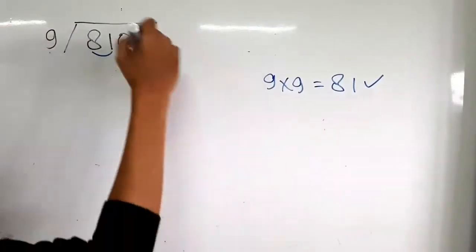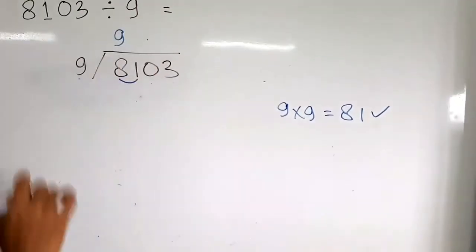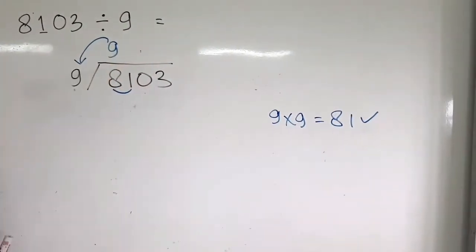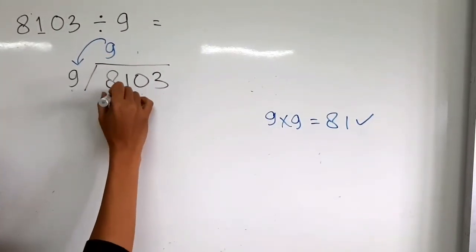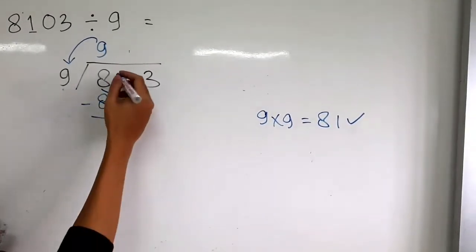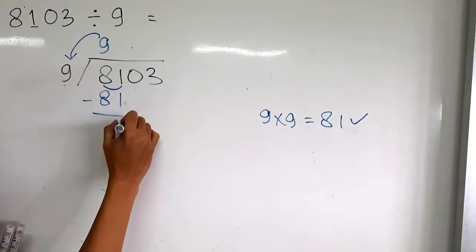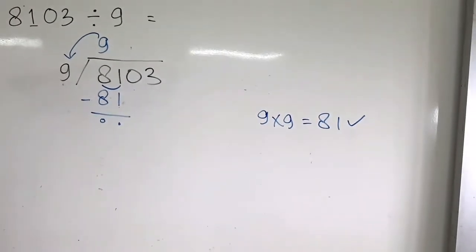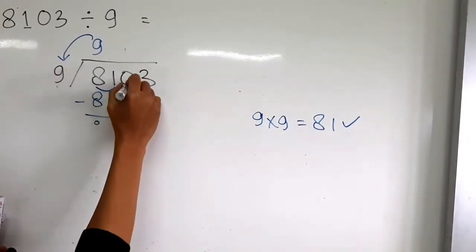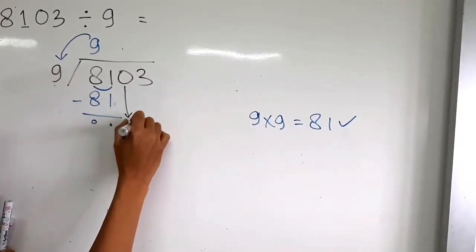So we put 9 on the quotient. And then we multiply 9 times 9, which is equal to 81. And we put it below. And then subtract. What is 81 minus 81? It is definitely 0. Then, let's bring down the new number, which is 0.